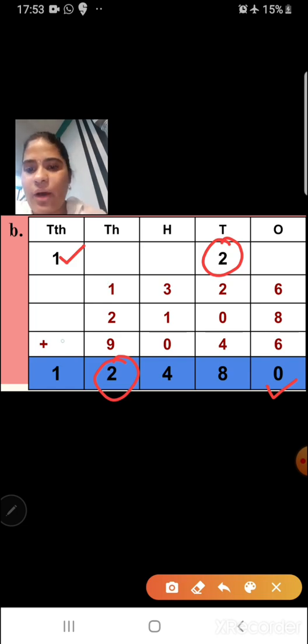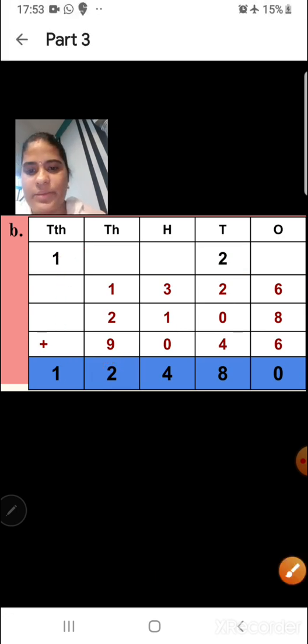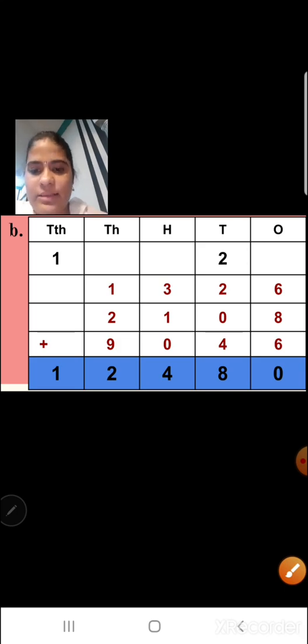Children, in 10,000s place we have only 1 as carryover. So write directly in the 10,000s place. Our final answer is 12,480. Children, till here we have done the sums from exercise 3.2.